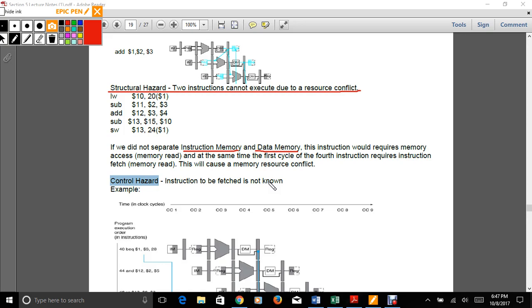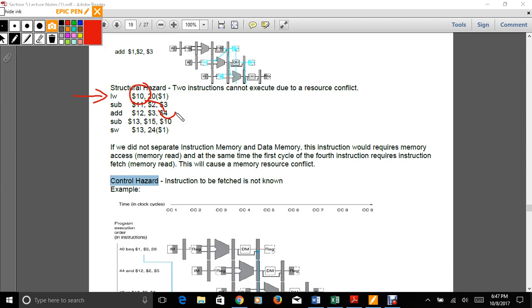So what ends up happening is this instruction would require memory access at memory read at the same time that the 4th instruction requires an instruction fetch. So what I'm doing is I'm updating the local copy of register 10 at the same time that I'm getting this value of 10 in instruction 4.